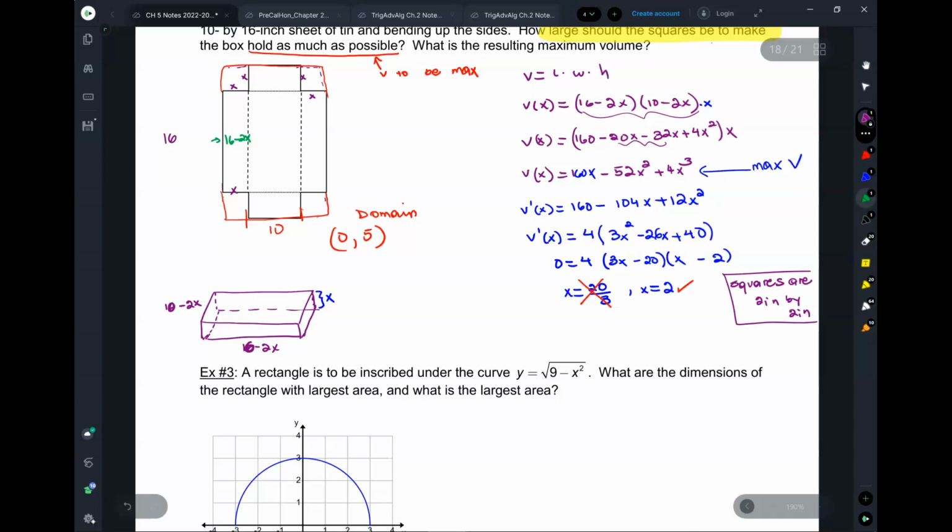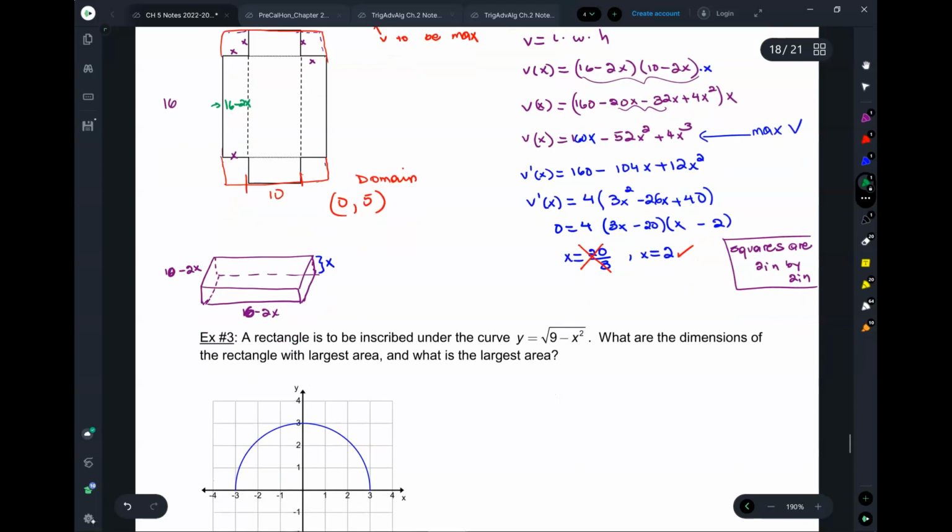The next part of the question is asking, what is the resulting maximum volume? So what is the volume when x equals 2? That's V of 2. And so we're going to put it in the original V, which is where? It's right here.